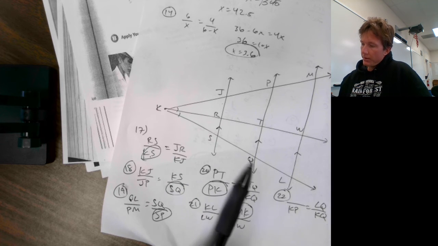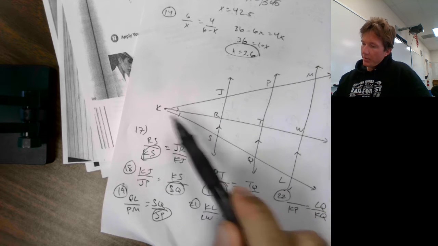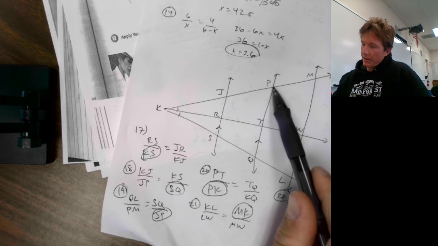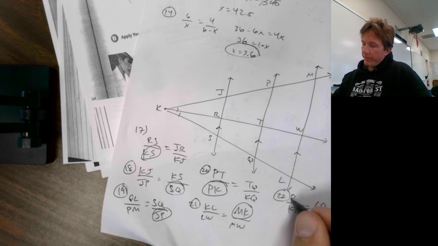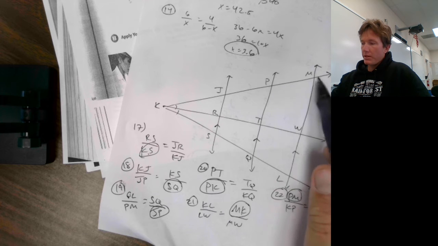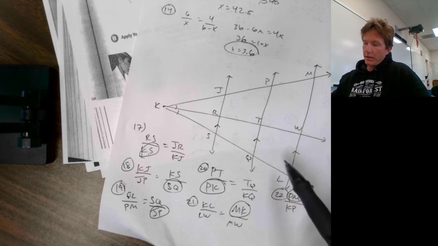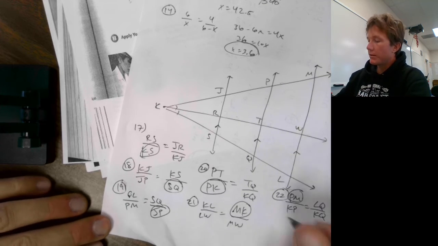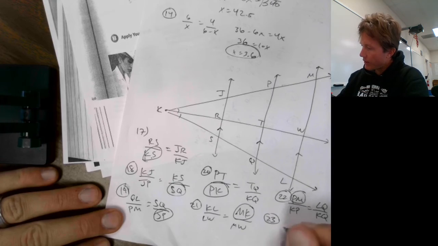So LQ and KQ. KP is the remainder on the far side. To complete that statement, I must say that PM is the corresponding ratio to fit the triangle angle bisector theorem.